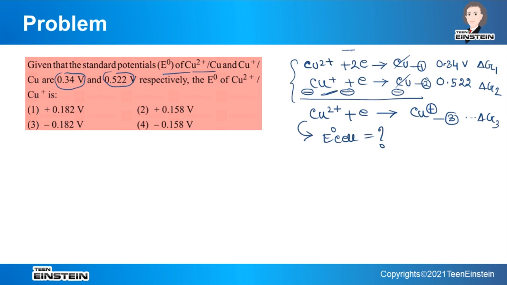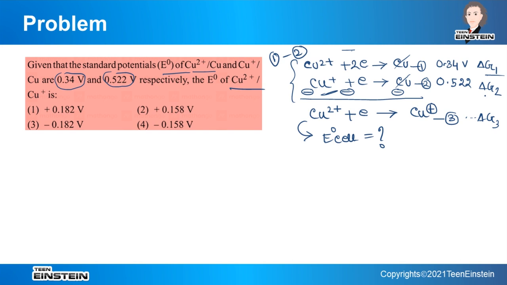Now here we have arranged the equation as 1 minus 2, but it is not necessary; it may be 1 plus 2 or 2 minus 1. So you have to arrange the equations given in the question in such a way that you get the system for which we have to find the E0.